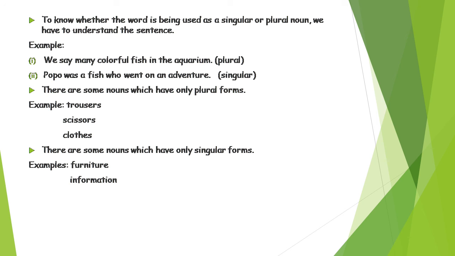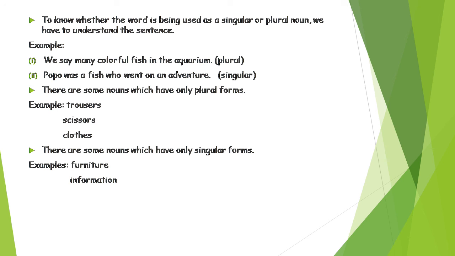And these are a few hints by which we can understand that it is in singular. But we are saying that many colorful fish, that is more than one fish, and hence it is in the plural form. The next example is Popo was a fish who went on an adventure. Here it is in the singular form because we are speaking about a particular fish whose name is Popo.